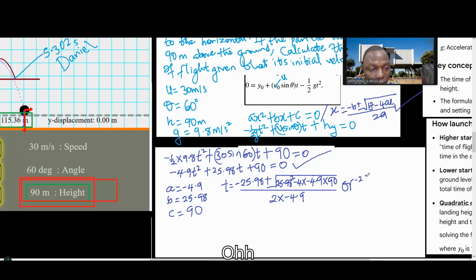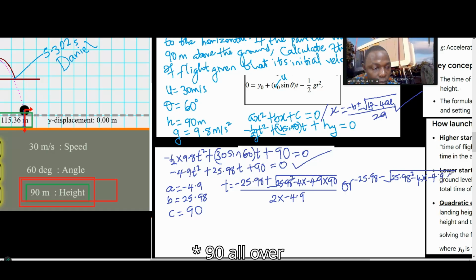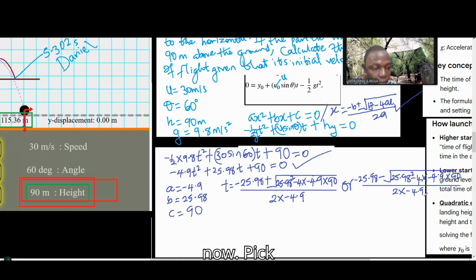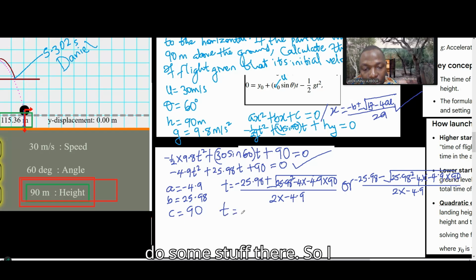Or minus 25.98, 25.98 squared minus 4 times minus 4.9 times 90, all over 2 times minus 4.9.